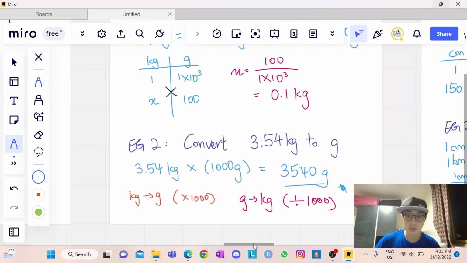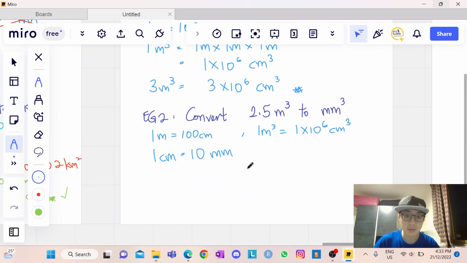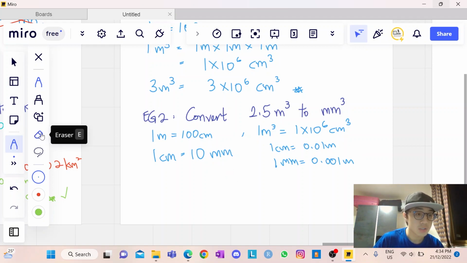So if we are to convert that here, 1 cm is equal to 0.01 meters, and 1 mm is equal to 0.001 meters. And wait a second, I can't actually show this here.